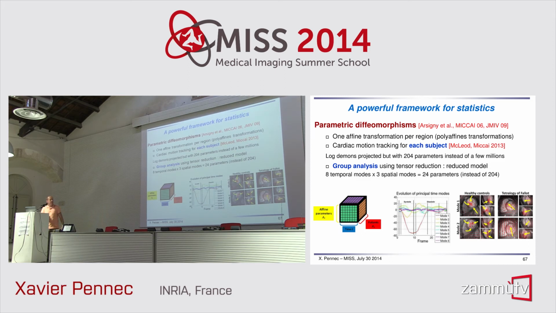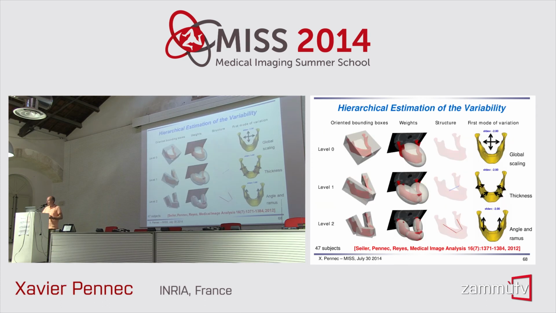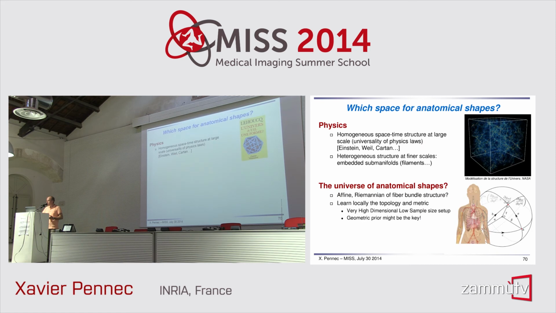The first temporal mode is basically the volume curve, and the second one is its derivative. For the spatial modes, we have very different modes appearing for healthy versus tetralogy of Fallot. So this is one very simple way to linearize deformations, the stationary velocity fields. I'm going to skip that one to go to the conclusion.